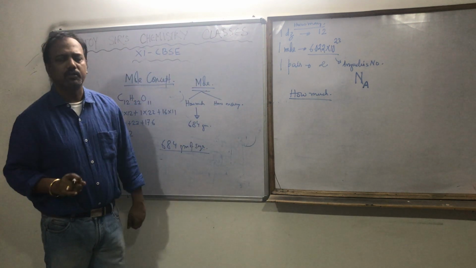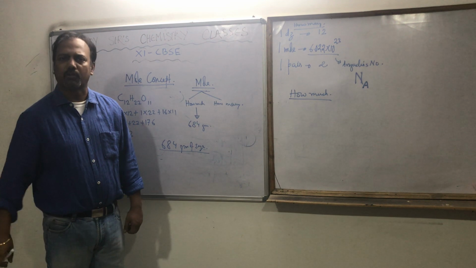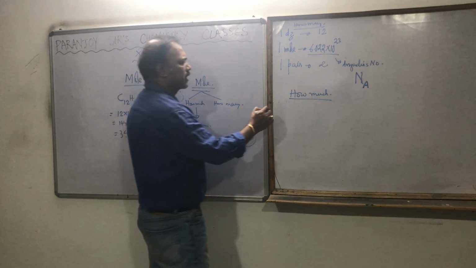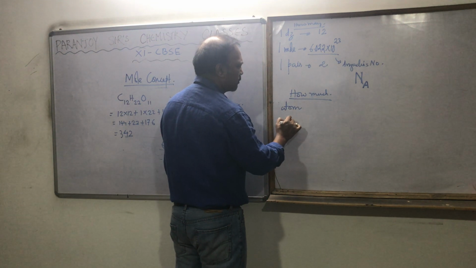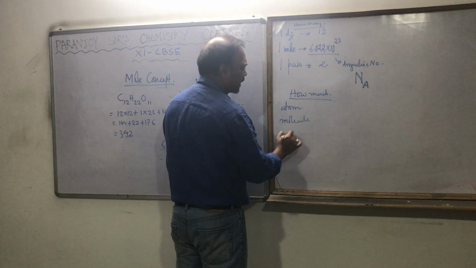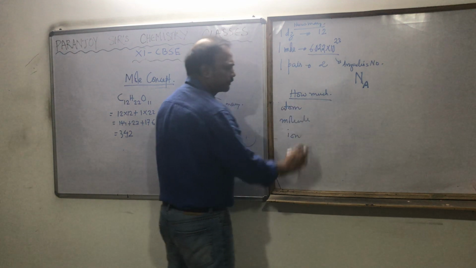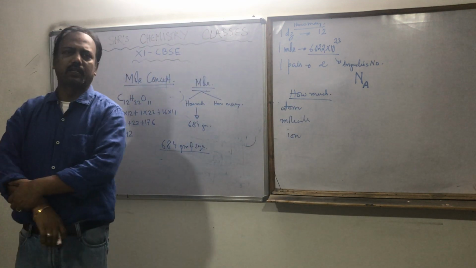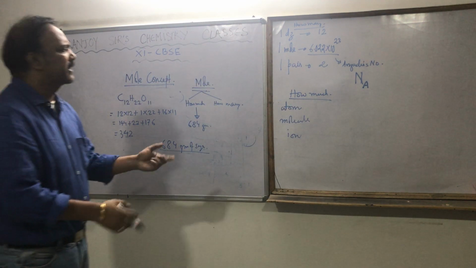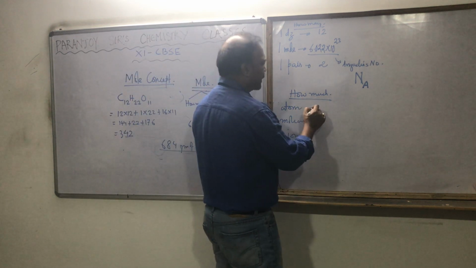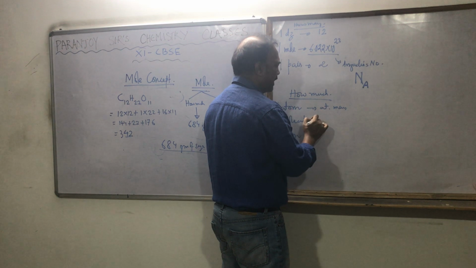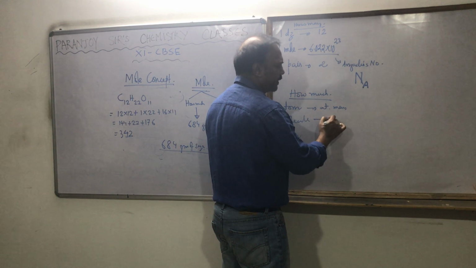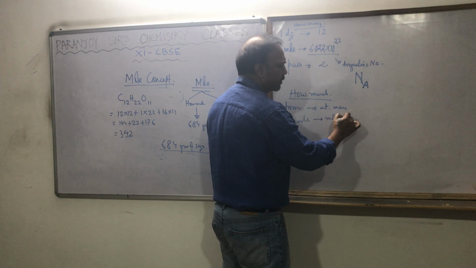To know how much, we must know what substance we are talking of. We can talk about the atom, the molecule, or the ion, cation or anion, whatever. If it is an atom, it should be atomic mass. If it is a molecule, it should be molecular mass.